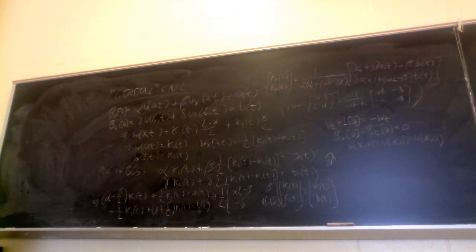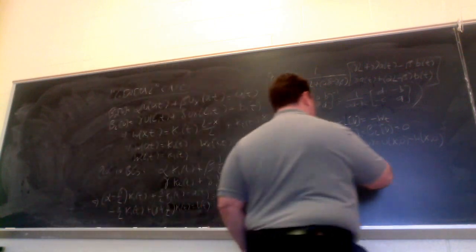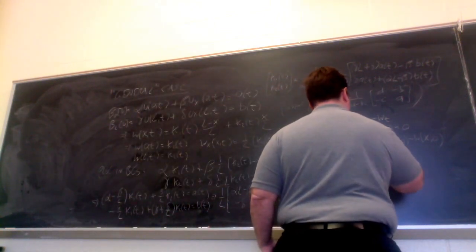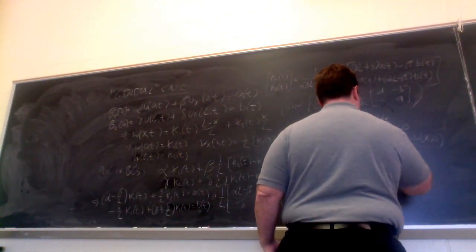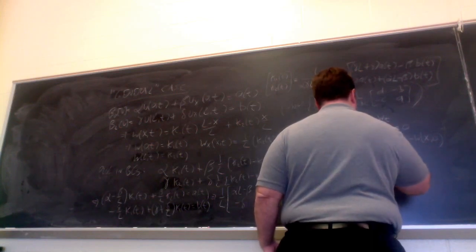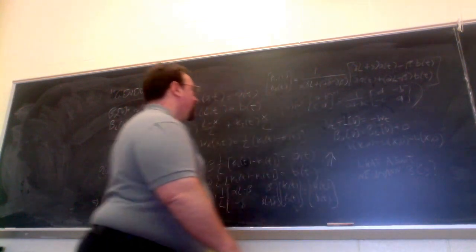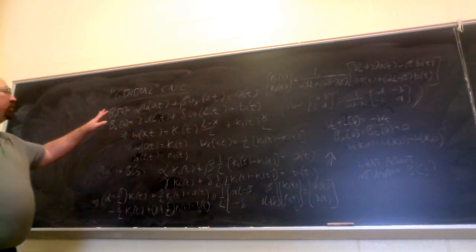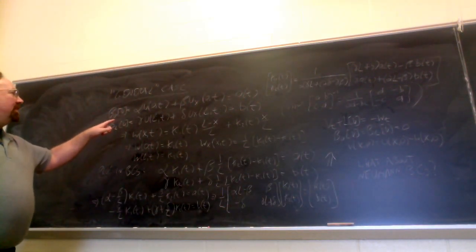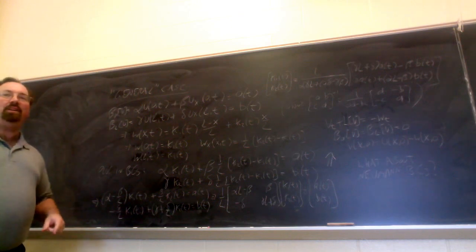However, what about Neumann boundary conditions? If we have Neumann boundary conditions, what are our alpha, beta, gamma, delta going to be equal to?